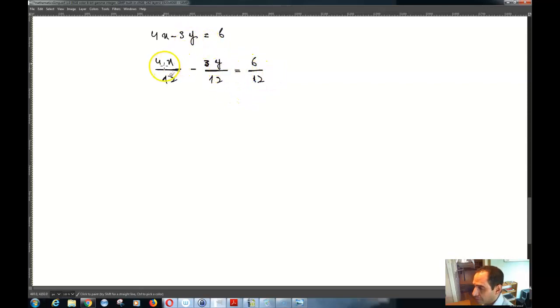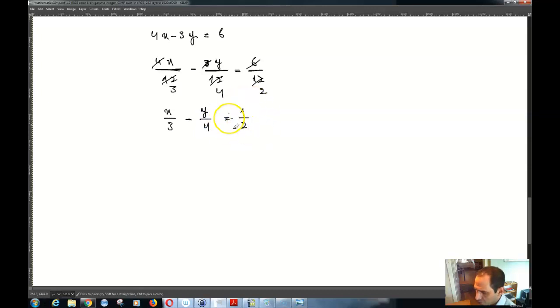And so this is a 3 over here, this is a 4 over here, and this is a 2 over here. Now we get x divided by 3 minus y divided by 4 is equal to 1/2.